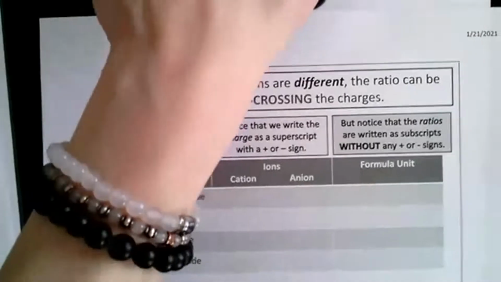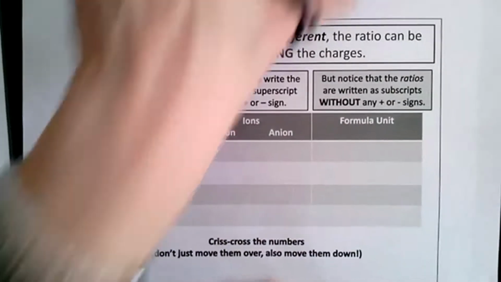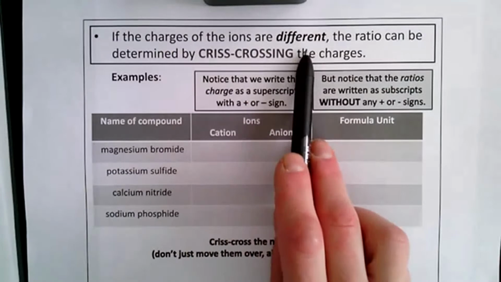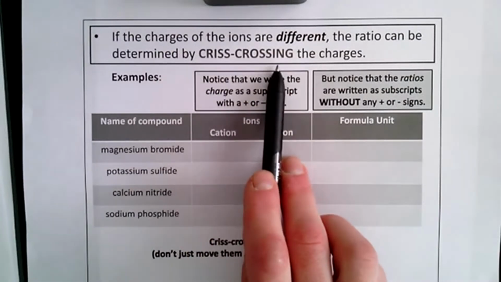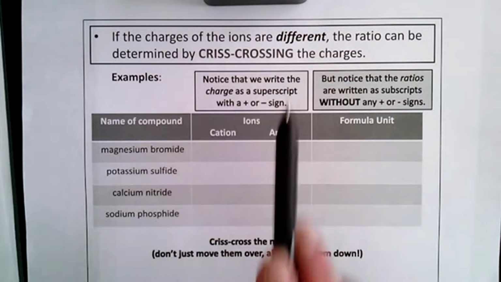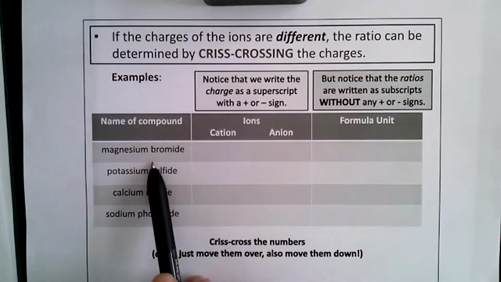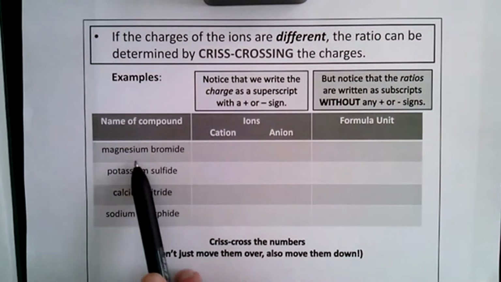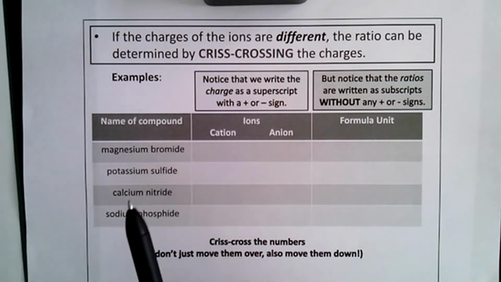Now, what happens if the charges do not automatically cancel one another? When that happens, when the charges of the ions are different, you're going to do what's called the crisscross method, right? So let's go through a couple of examples here. Let's look at magnesium bromide.